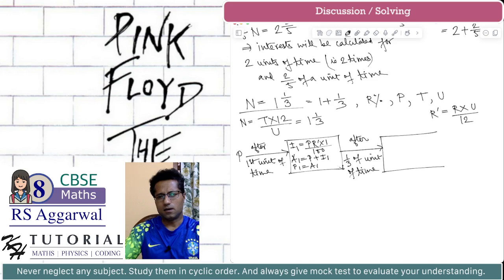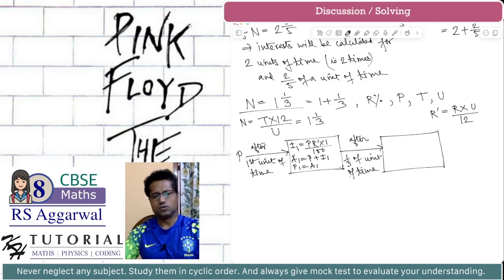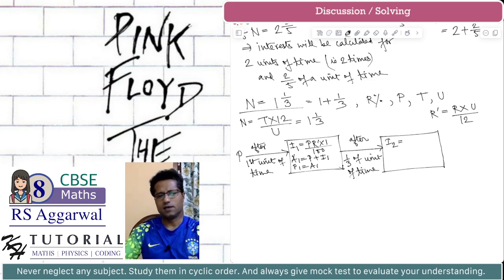Now, if the unit of time was, let's say, 6 months, then the calculation of I1 is happening after 6 months, and the calculation of I2 is definitely happening after 1/3 unit of time. Now, if unit of time is 6 months, then 1/3 of 6 months is 2 months. So therefore, as you can see, the T must be 6 months plus 6 months plus 2 months, that is 8 months.